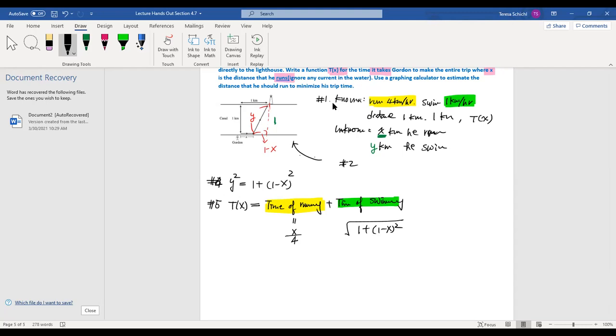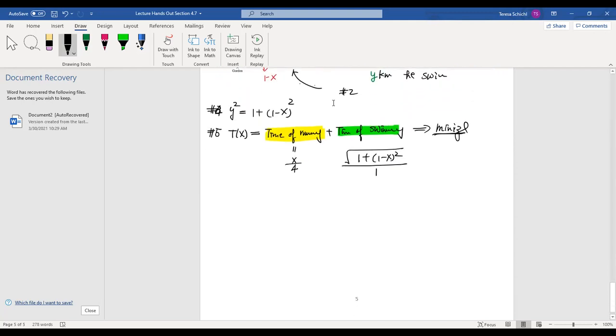But this is the distance, and the speed is 1 per hour, so you divide it by 1. I want to minimize these numbers. So this will be my time: x over 4 plus the square root of 1 plus (1 minus x) squared.